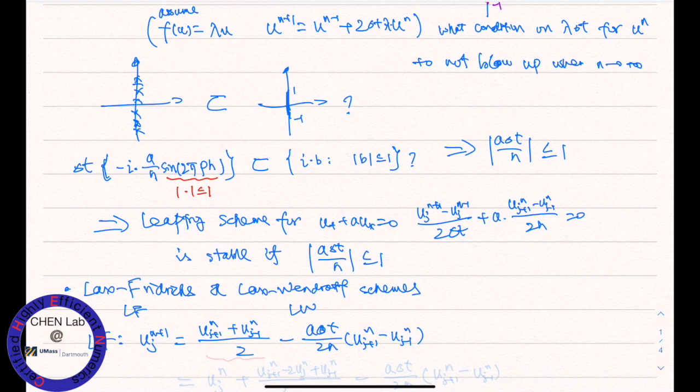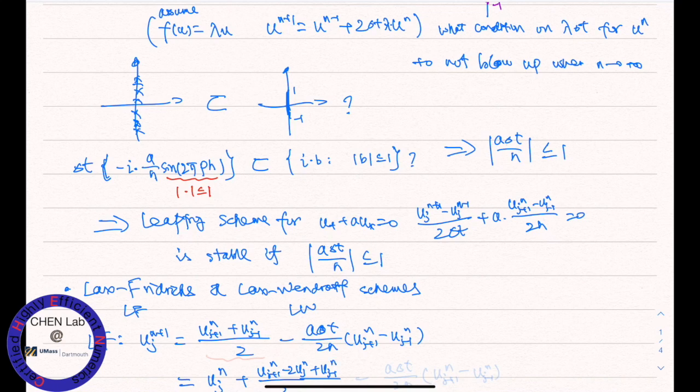If we rewrite this a little bit, this is just UJN, and then we need to minus UJN, so we get plus UJ plus 1n minus 2 UJN plus UJ minus 1n.